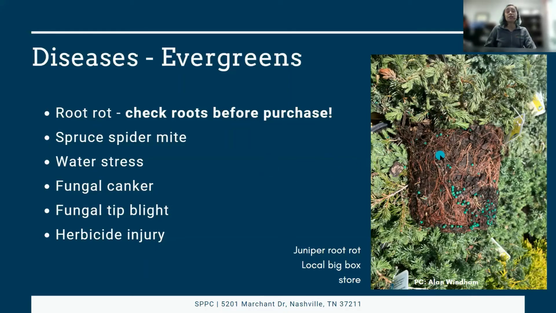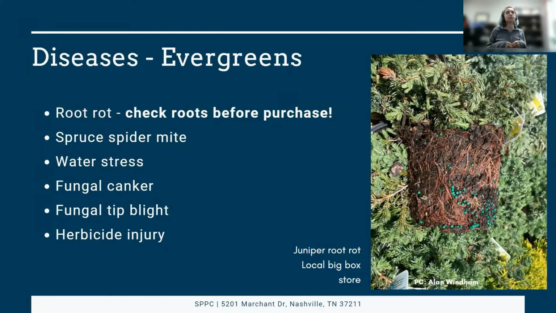Water stress is a big source of decline in evergreens. A lot of people like to plant nice, big, beautiful Leyland cypress and thuja species as screens. And eventually these trees will grow to be quite large, and they end up competing with each other for water and other nutrients.